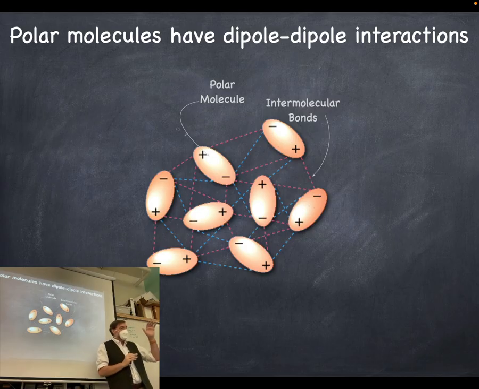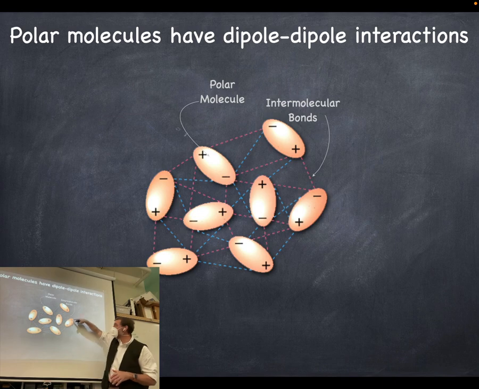Dipole, remember that means a molecule with two poles, di meaning two, and it's the positive pole and the negative pole. So this attraction, positive to negative, in these permanent polar or dipole molecules is called a dipole-dipole interaction. Okay?